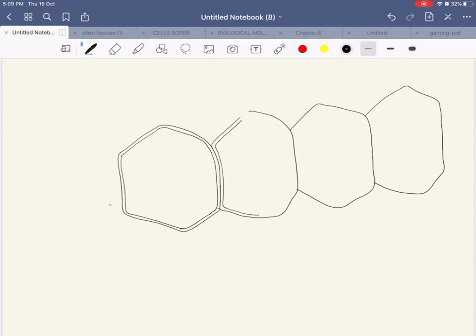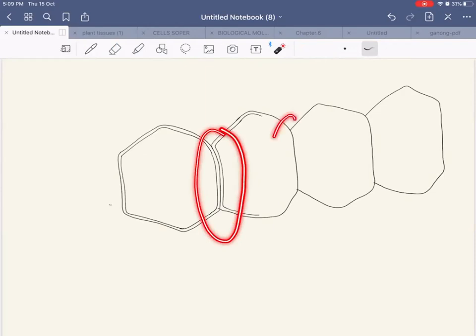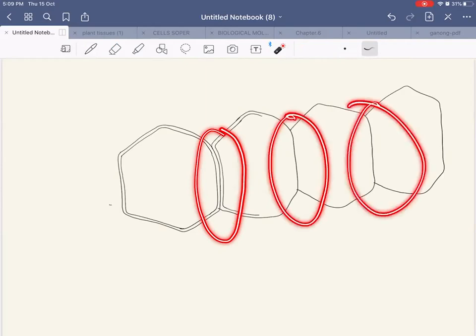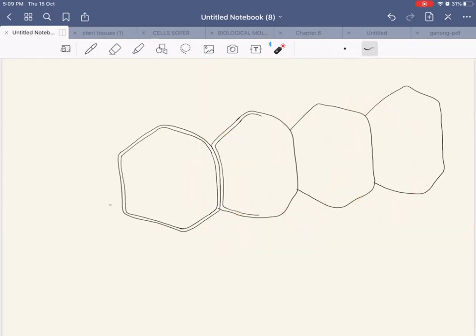The thickness should be the same throughout. That's why I'm rubbing, and so on. Special emphasis on drawing this part correctly. In the same manner as I have drawn the junction of 2 cells like this, the same thing should be repeated here and here accurately, and this completes your high power drawing.